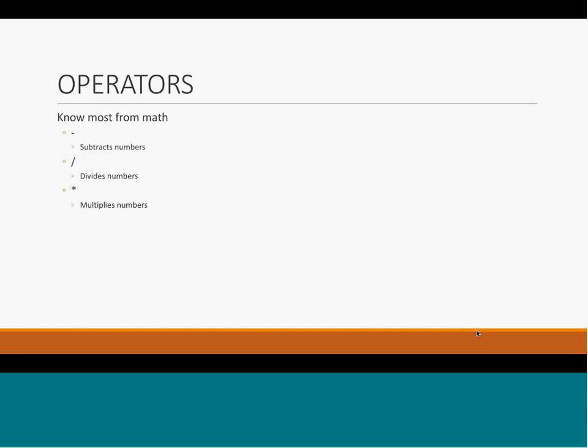The plus sign, as was mentioned, has two functions. It adds numbers and concatenates strings, which means it will put two strings together. And the percent sign, which is the modulus, returns remainders from division.